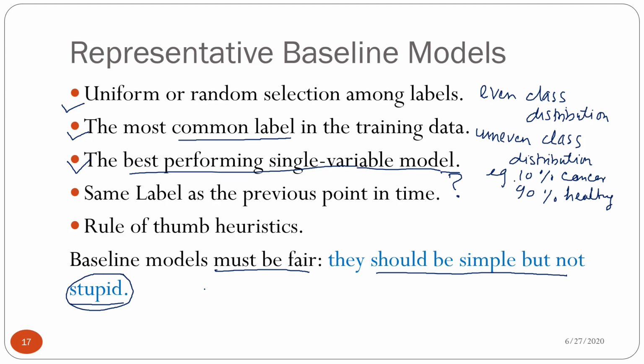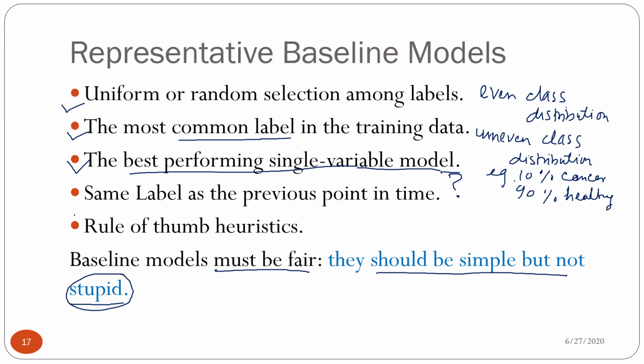Then why not create a model just based on that one feature? That will be the best performing single variable model, and that will be your baseline model. Anyway, for your real model, you will probably use more than one feature. So that could be a good candidate for your baseline model.